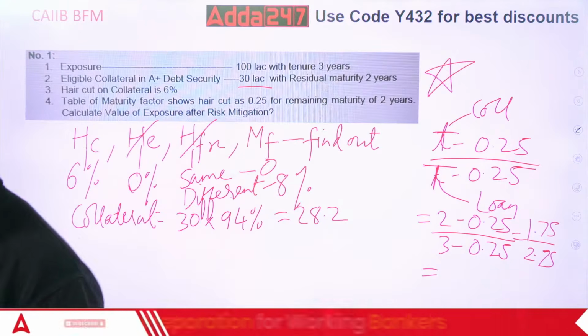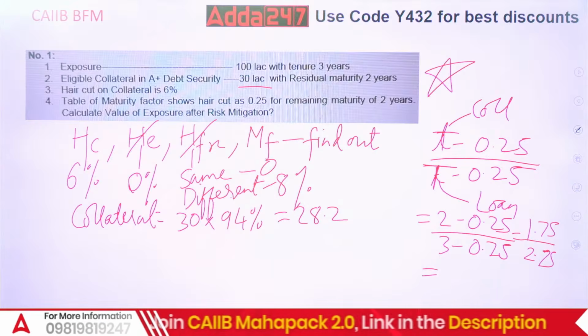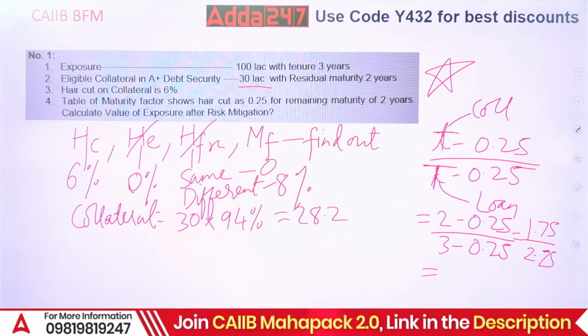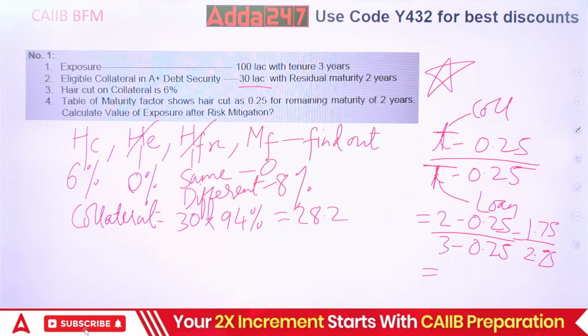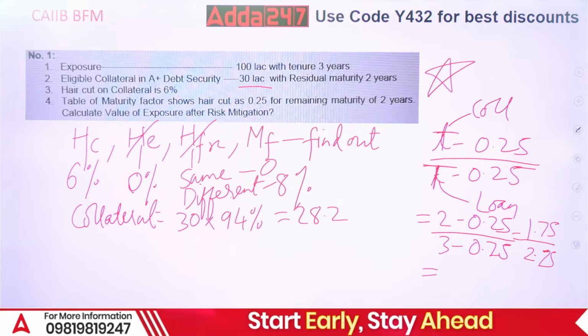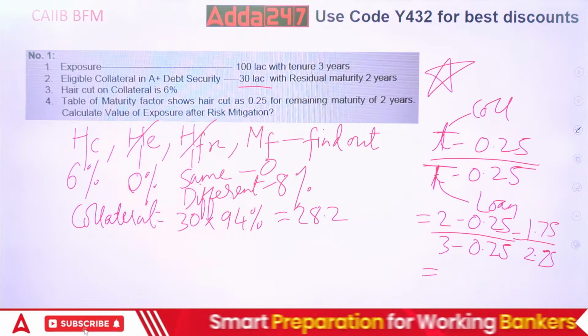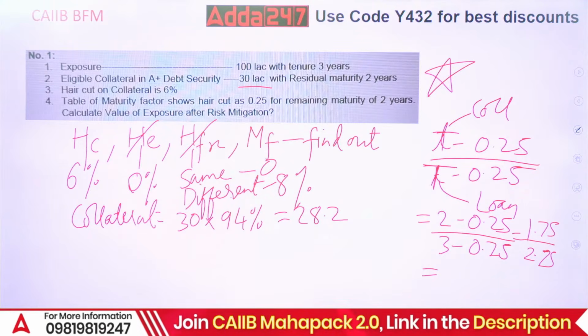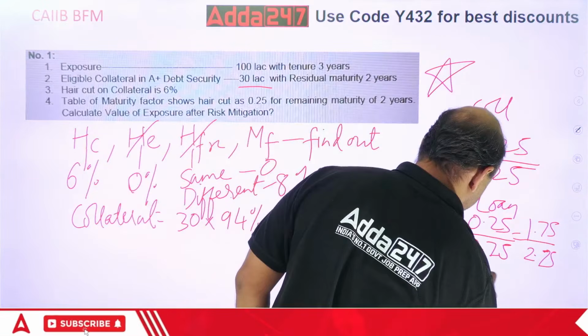You are getting 0.63. Are you getting this? 0.63 everyone? Just check the answer. I have not tried it. Okay, I'll take 0.63 because all are writing 0.63.